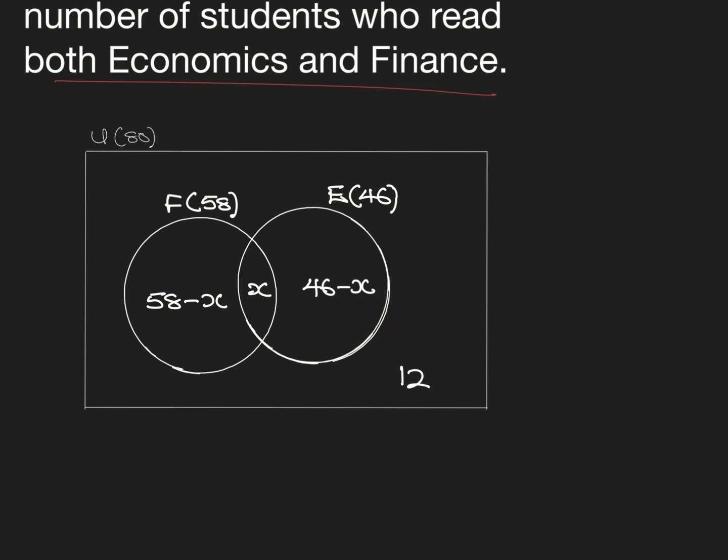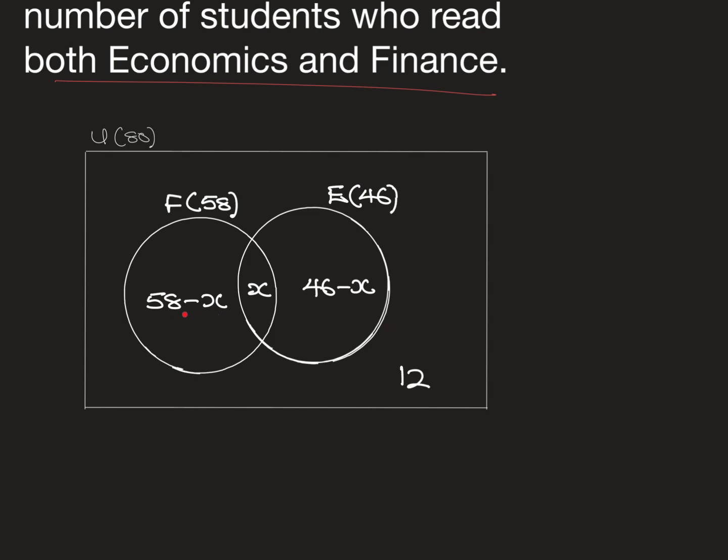Okay? Remember, this space is for students studying only finance. This space is for students studying only economics. So if 58 students are studying finance, that is the total number of students studying finance is 58. And some of those students that are studying finance are also studying economics here.